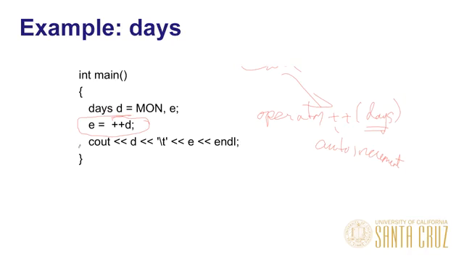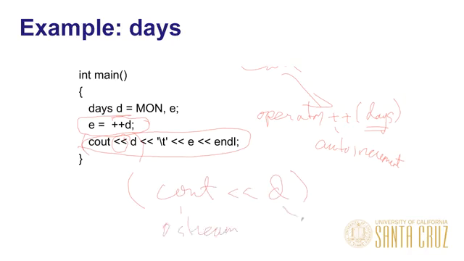And now notice that we're also using operator overloading here, in that the first expression that gets evaluated, let me rewrite that, it's cout. This is a binary expression. This expression has an ostream, and it has a days type.